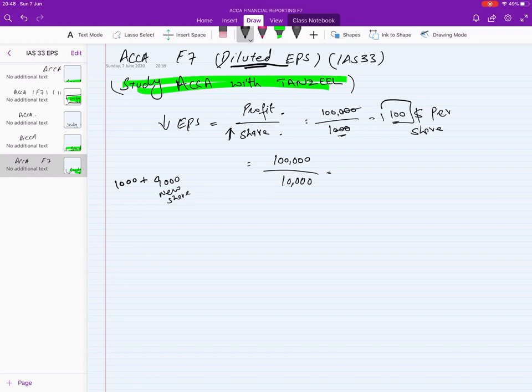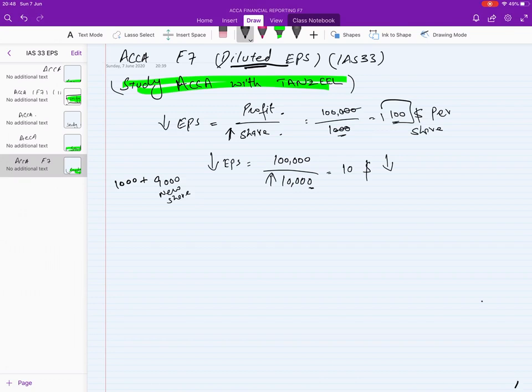It means the company will have 10,000 shares. Now the profit per share will be only $10. This value has decreased because the denominator has increased, so EPS will decrease.